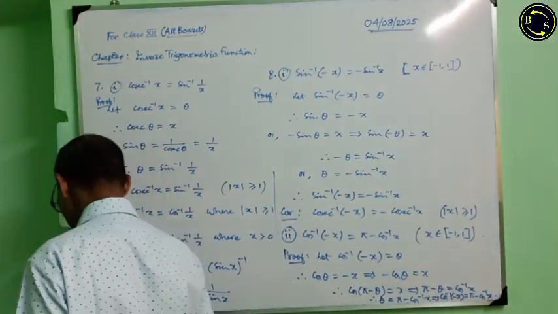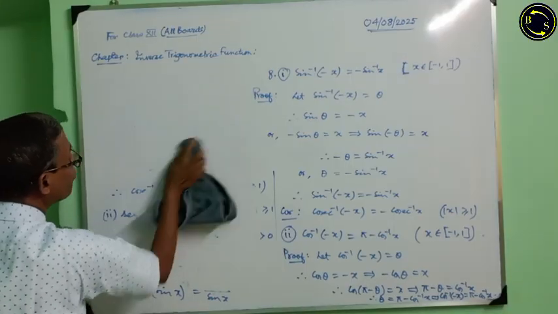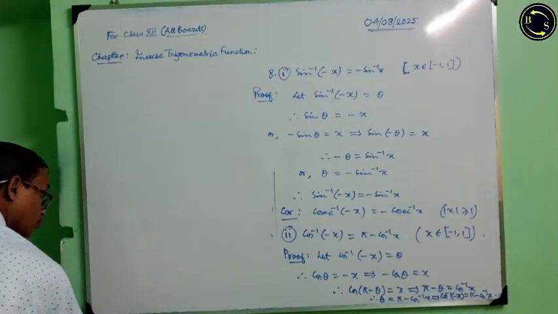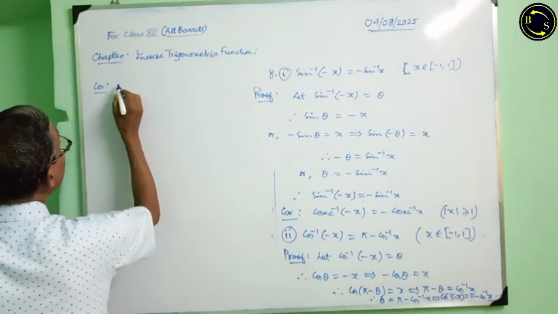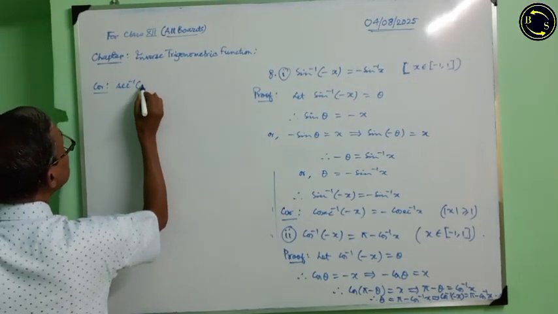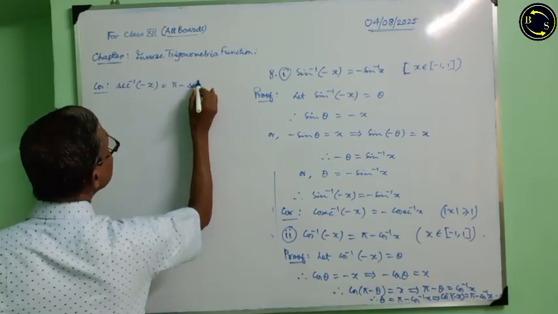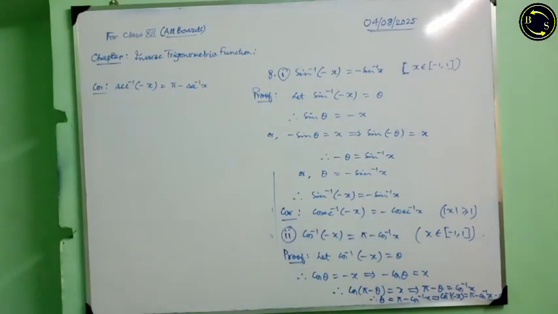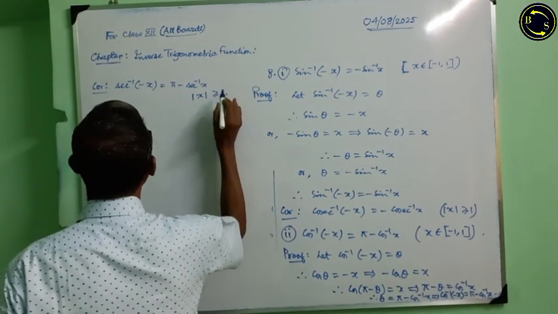From that I can take the corollary. Sec inverse minus x will be equal to pi minus sec inverse x, and in that case mod x is greater than equal to 1.